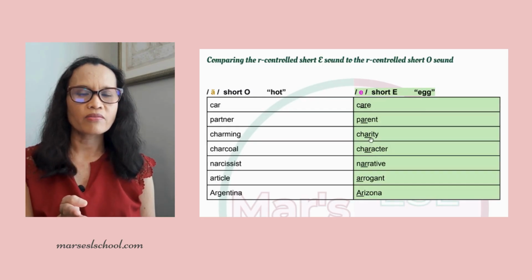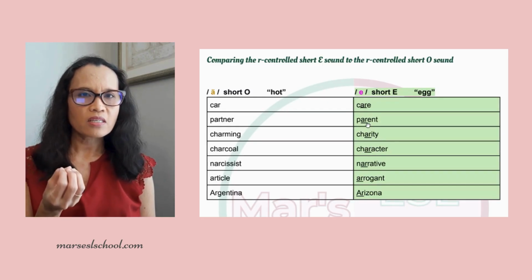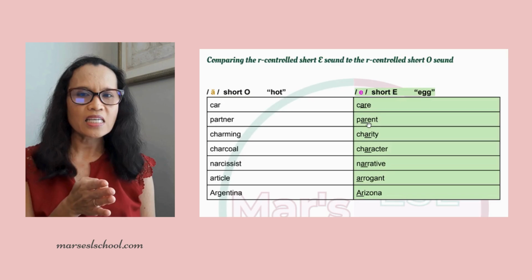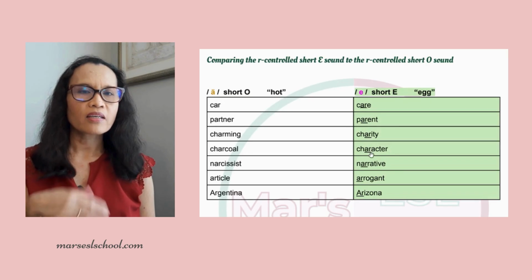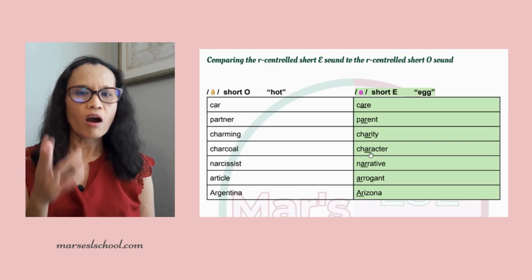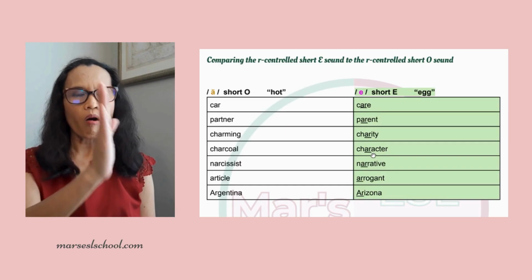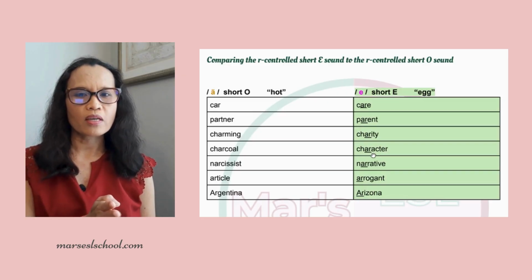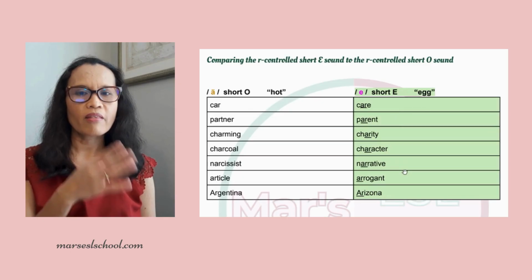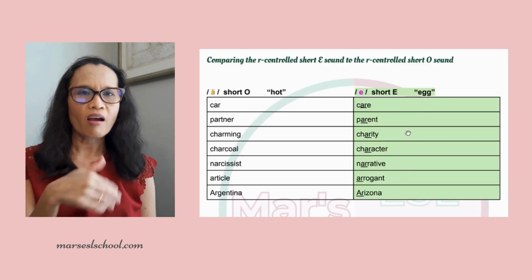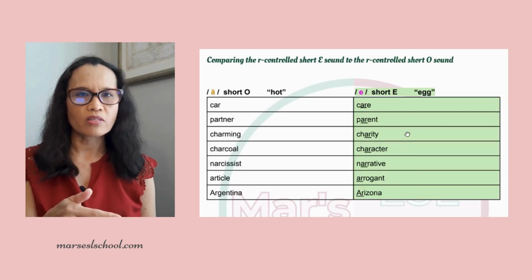So we have parent, R plus E, charity, R plus I, and character, R plus A. So in all of our examples, AR is followed by a vowel letter. And they all have the R-controlled short E sound and not the R-controlled short O sound.